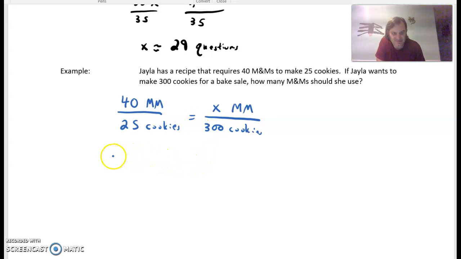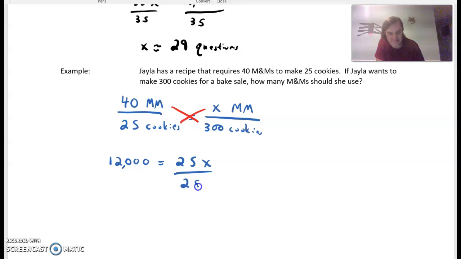So we'll cross multiply. 40 times 300 is 12,000. And the other cross multiplication is 25 times x, which is 25x.